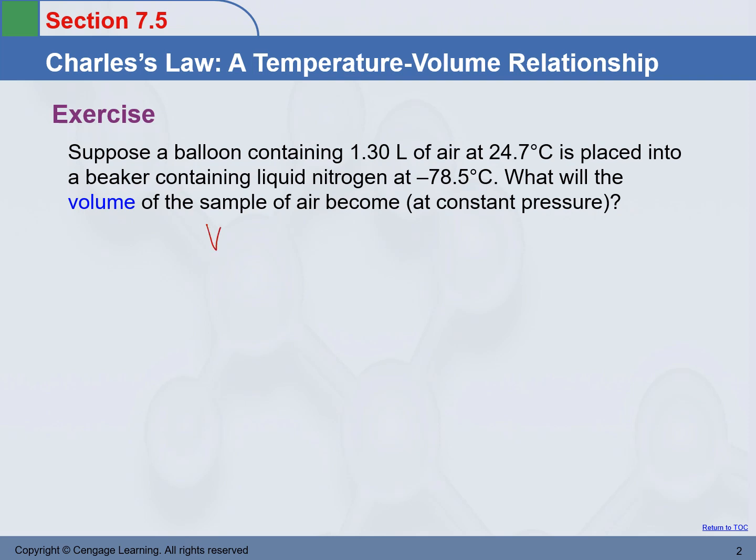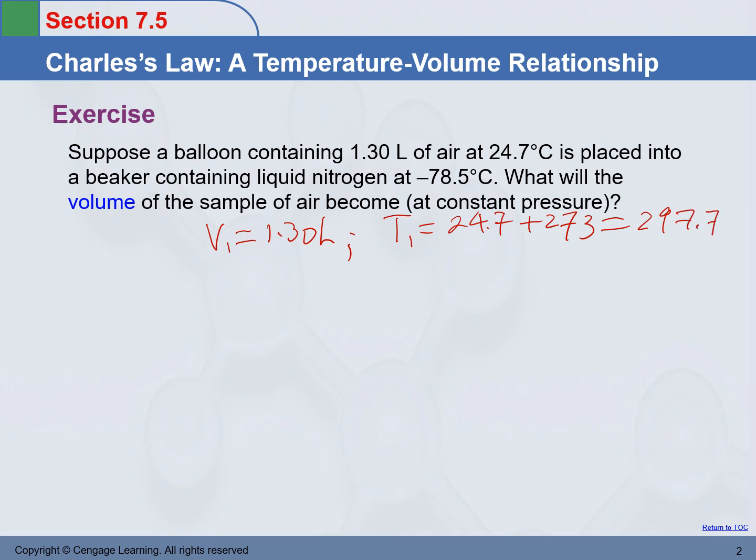So let's figure out all the given parameters. We know V1 equals 1.30 liter. We know T1 equals 24.7 Celsius plus 273 to Kelvin. That will be 297.7 Kelvin.